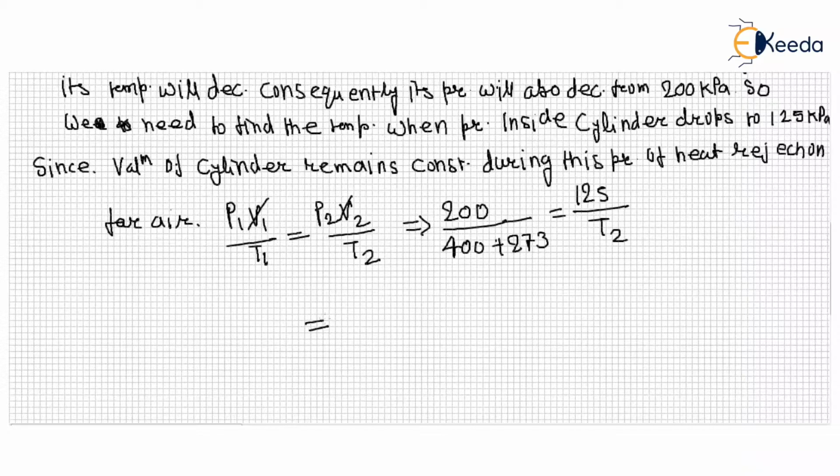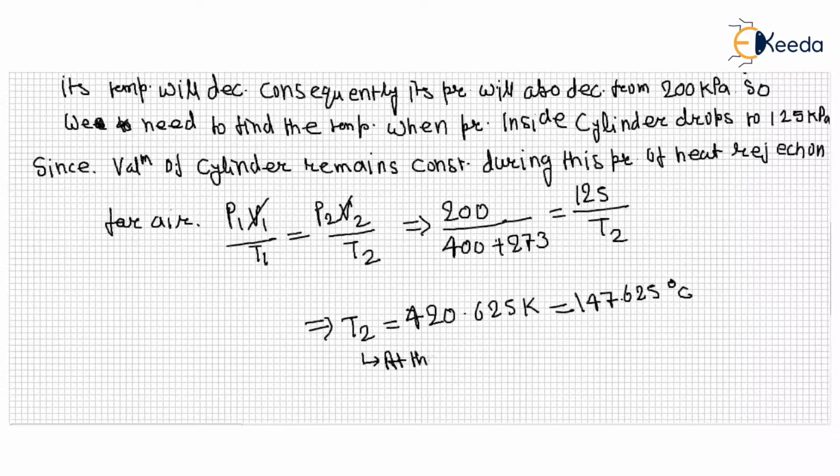T2 is 420.625 Kelvin, or 147.625 degrees centigrade.